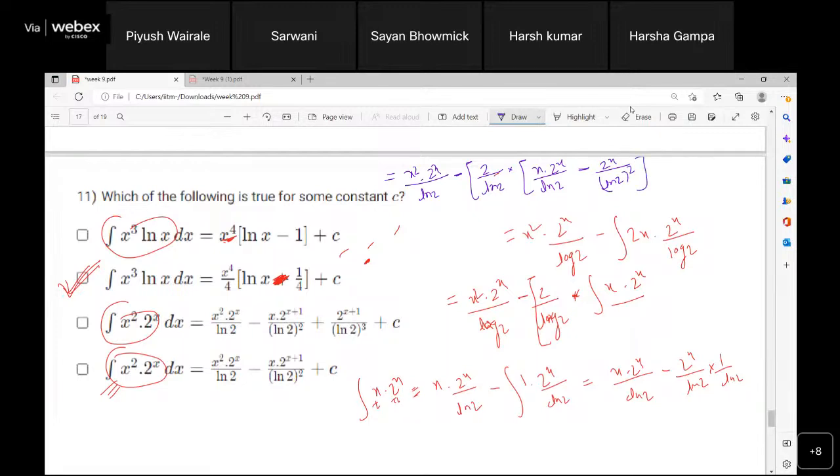So this will be the correct answer. This is the first term. If I multiply 2 by ln into this, I will get x into ln square.